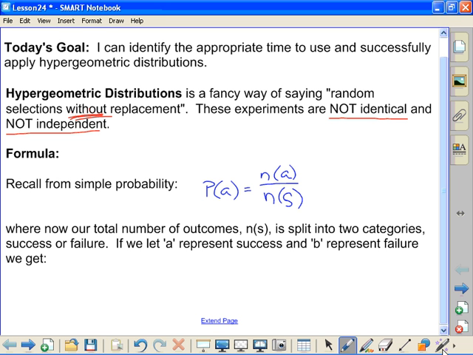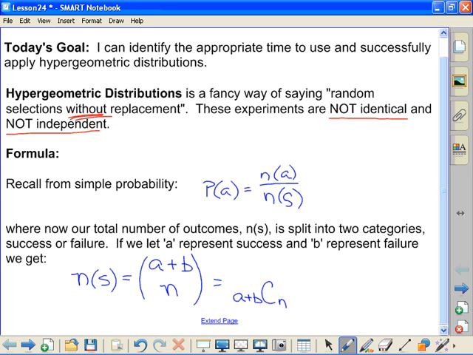So what that means is that our denominator now, n of S, the total number of outcomes, is equal to a successes plus b failures, and from that we are going to pull n of them. Okay, so n is the number that we're interested in. Now, for the people who are using the other form, it looks like this, (a plus b) combination n.